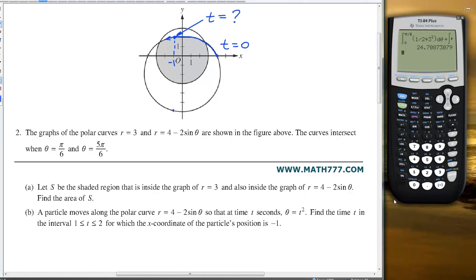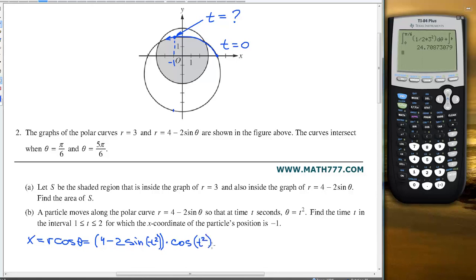First, let's recall that the x-coordinate is given by the following function, r cosine theta. And so plugging in the values for r and theta in terms of t, we get that x is equal to (4 minus 2 sine t squared) times cosine t squared.